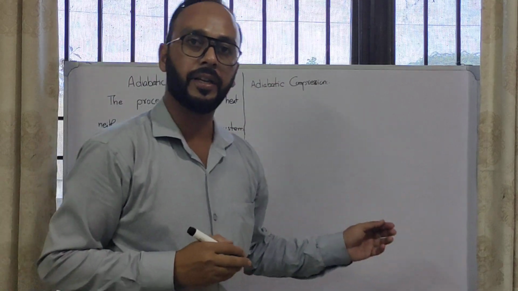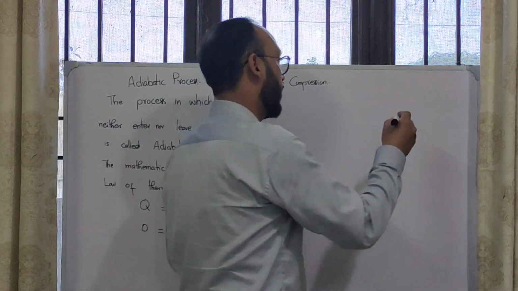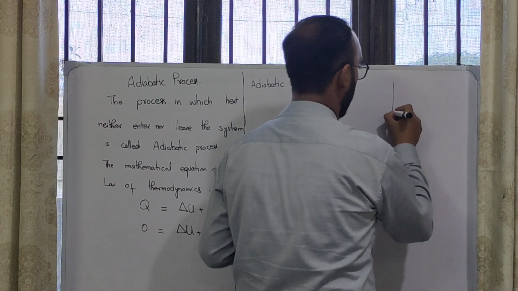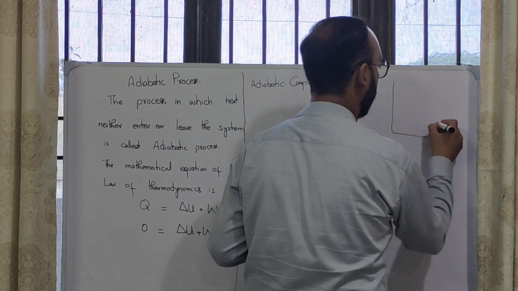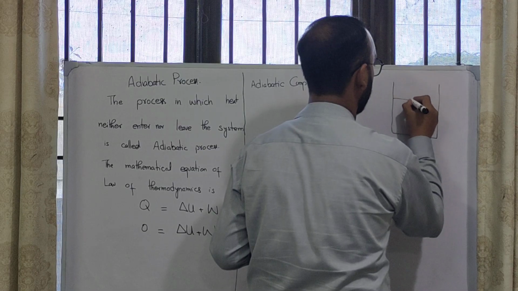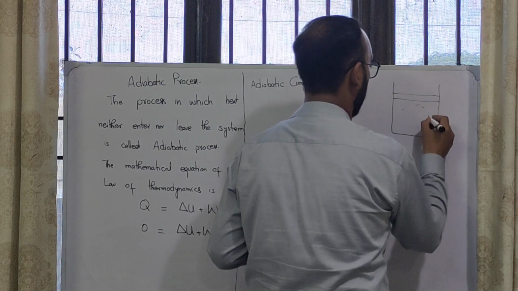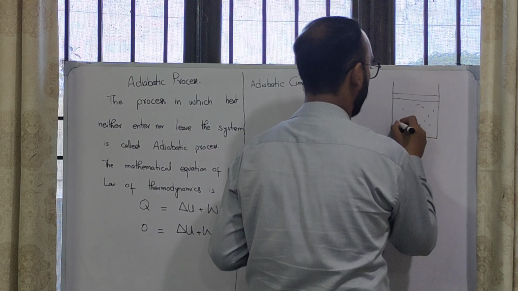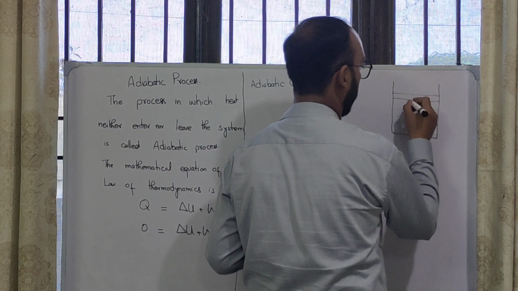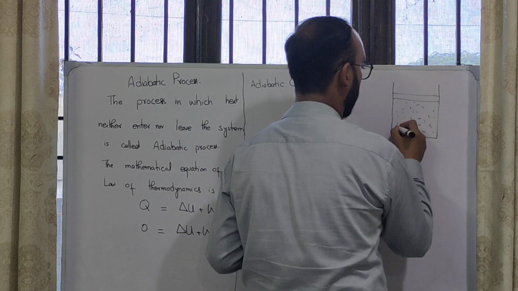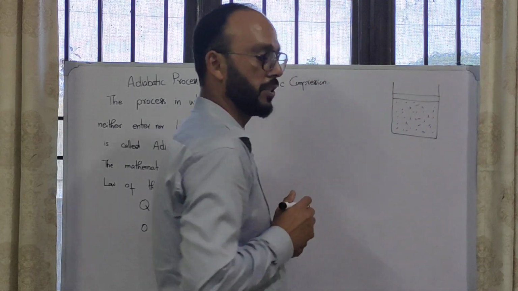Again, we have a cylinder which is perfectly insulated so that heat can neither enter nor leave the system. So our process will become adiabatic. As we learned, adiabatic is a system in which heat can neither enter nor leave.